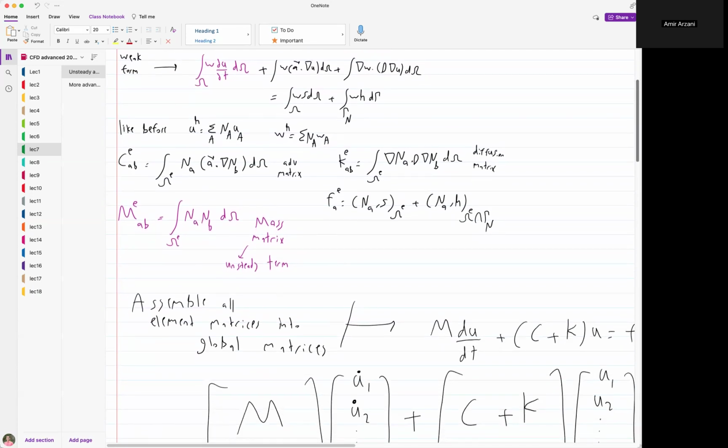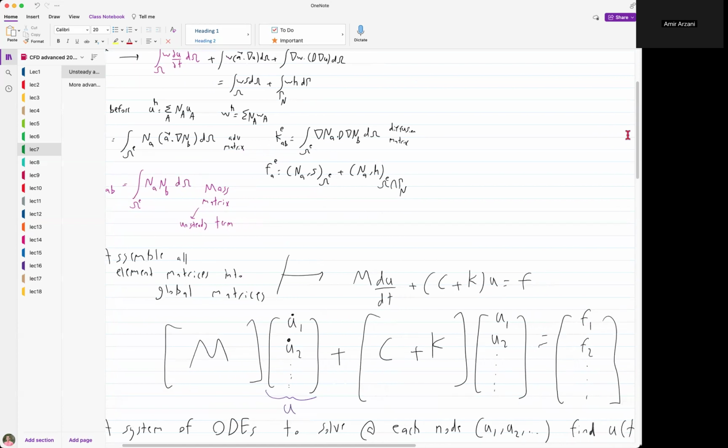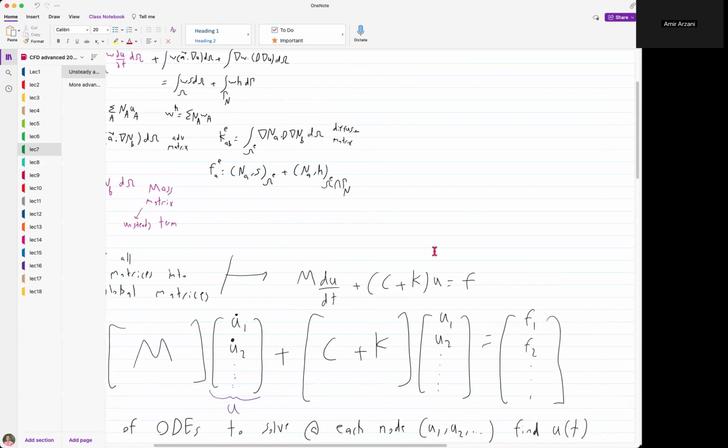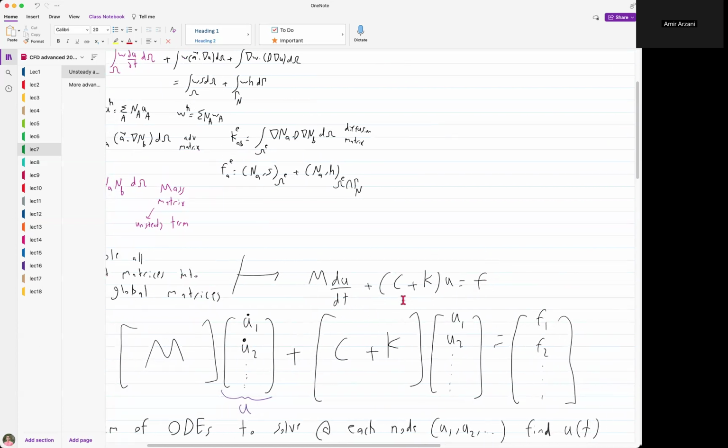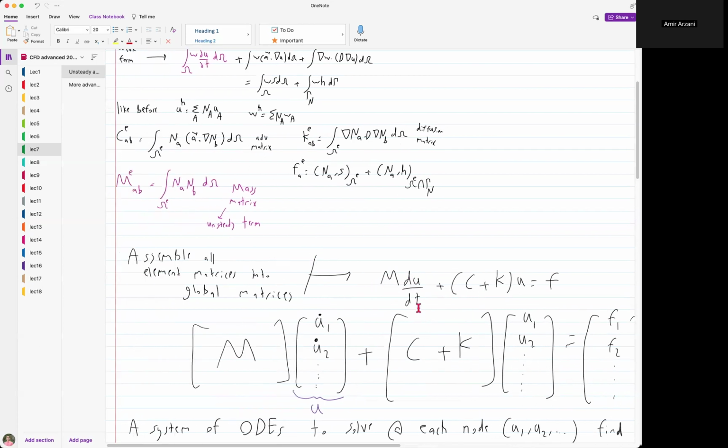So now what we do is that we assemble all matrices into global matrices, and this gives us a system of equations which, this part of the equation, looks very similar to what we had before, but now we also have this mass matrix M multiplied by dU/dt, where U, if you recall, is a vector that contains the nodal unknown values across the finite element mesh.